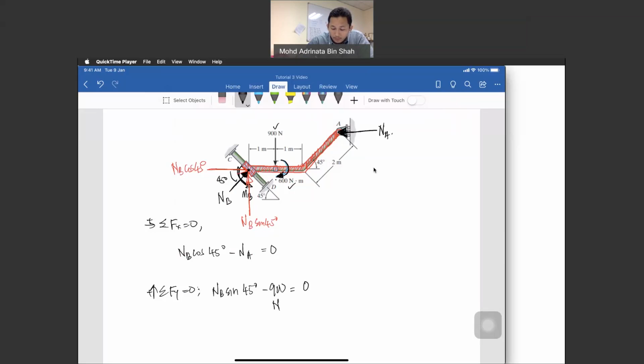So we can solve NB equals 900 divided by sine 45, which equals 1272.8 Newton, 1.27 kilonewton.